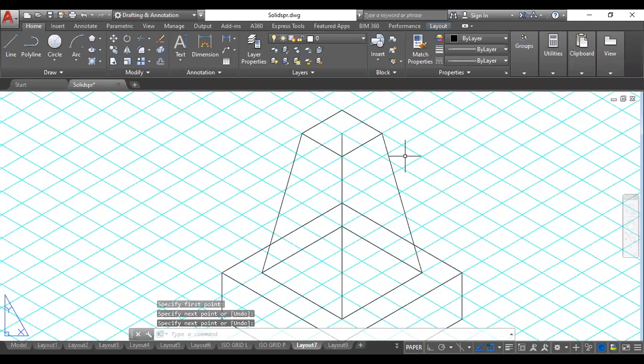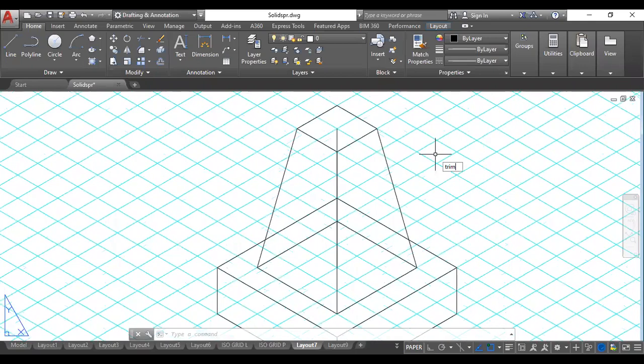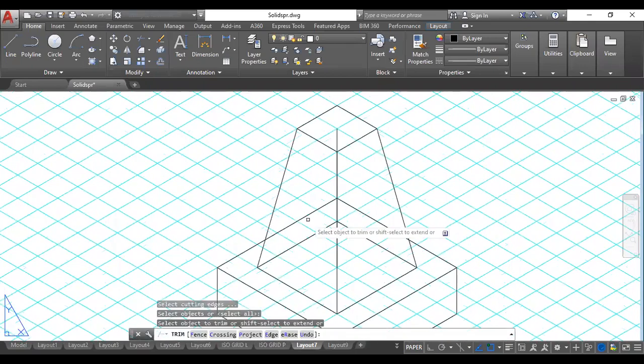Now whichever is not visible, we need to trim it. So the inside part of this pyramid will not be visible, so I'll be trimming those parts as they are not visible to the observer. So these parts won't be visible.